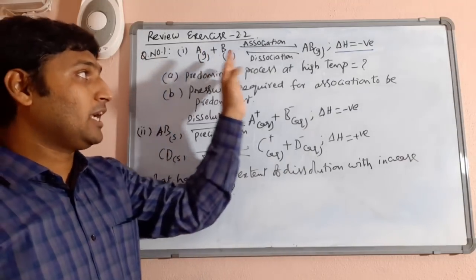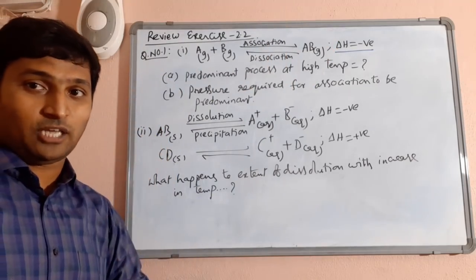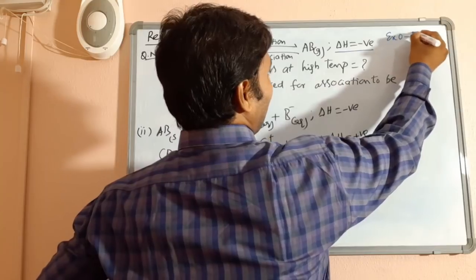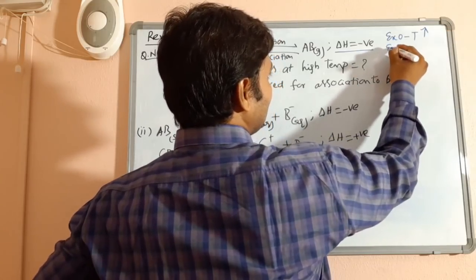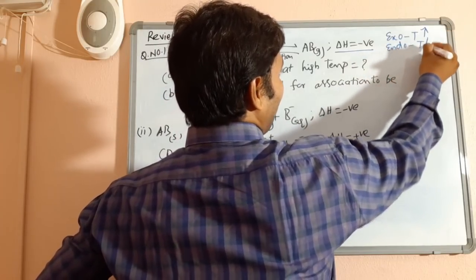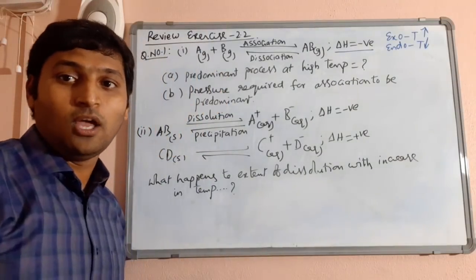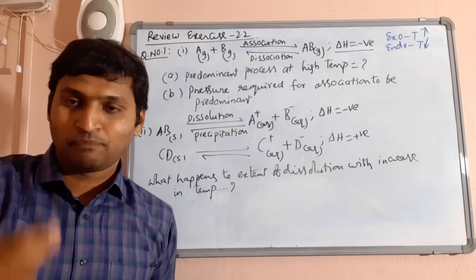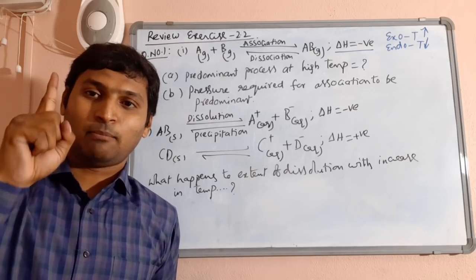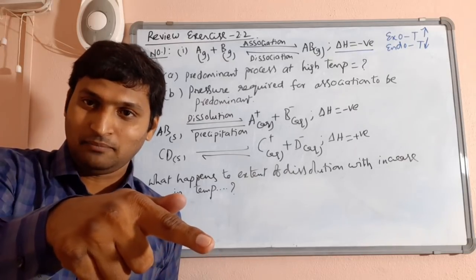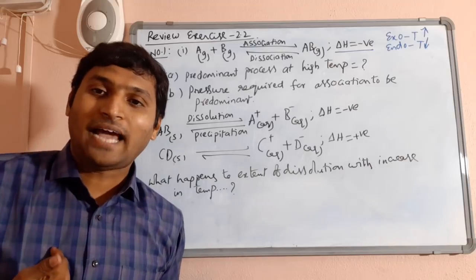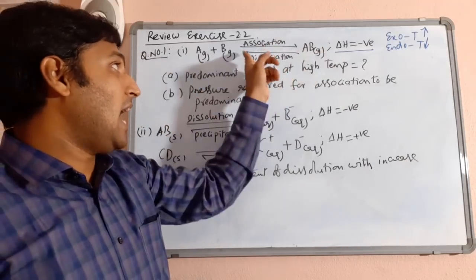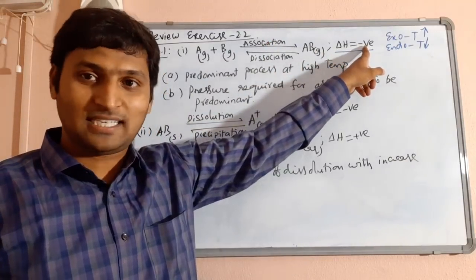Now, because the forward is exothermic, backward is endothermic, and remember, in exothermic direction temperature increases, in endothermic direction temperature decreases. Now, whenever we are accounting for Le Chatelier principle, we think in two dimensions. Number one, what's happening in the system? Number two, what have I done externally? Forward association is an exothermic process, he is saying.